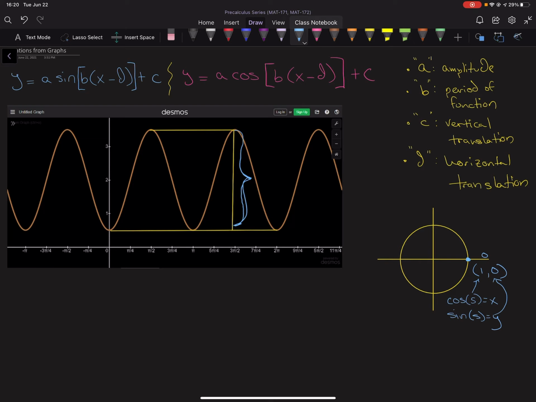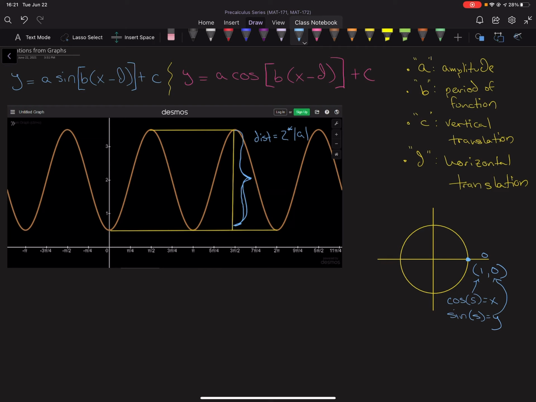So this distance will be equal to 2 multiplied by the absolute value of that A. All right, so what is this distance here?